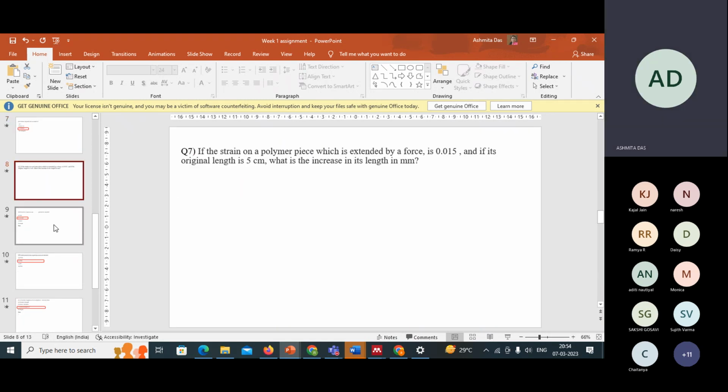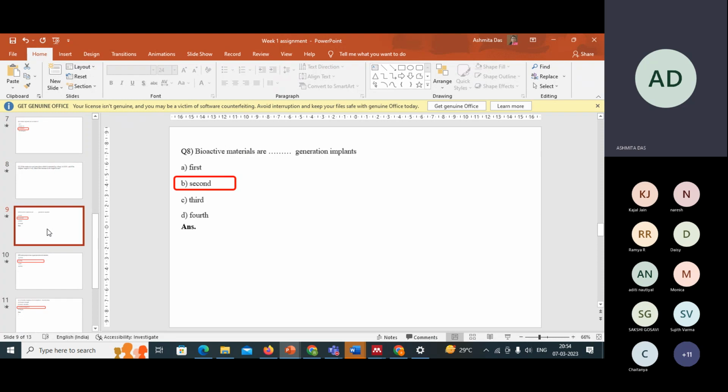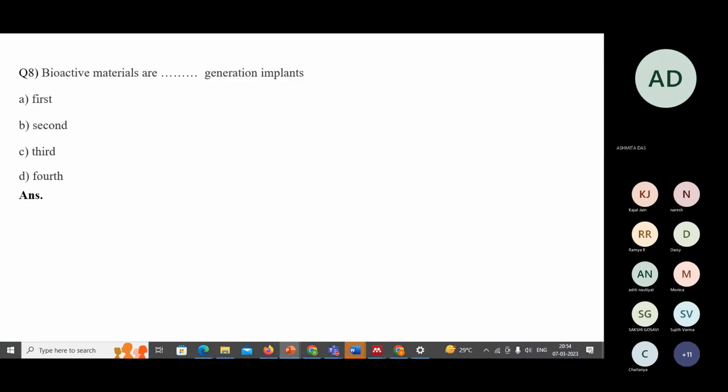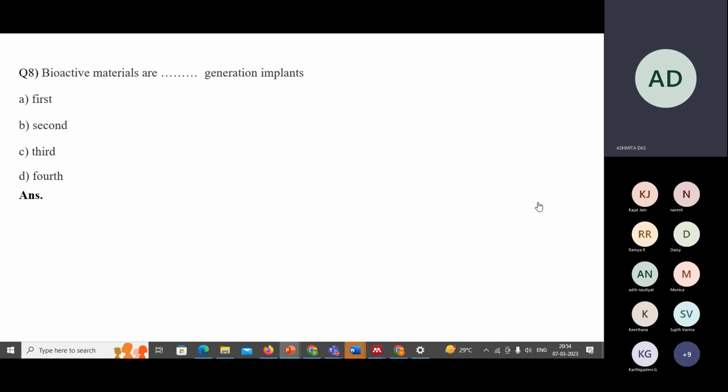So now move to the last part, question number 8. The bioactive materials are in which generation implants? Second generation. Okay, and how are the generations classified, and which materials fall in which generation?